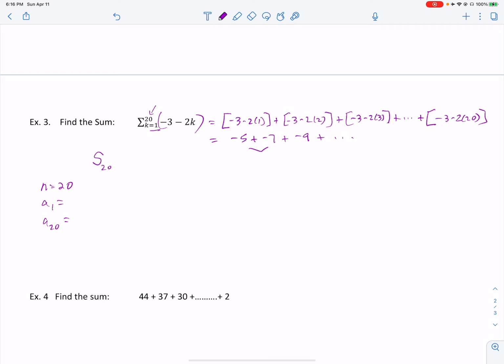So they appear to be going down by 2. And so my common difference is negative 2. And this last term is going to be a negative 43. So that a sub 20, you do negative 3 minus 2 times 20, and that comes out to a negative 43. My first term came out to be a negative 5.